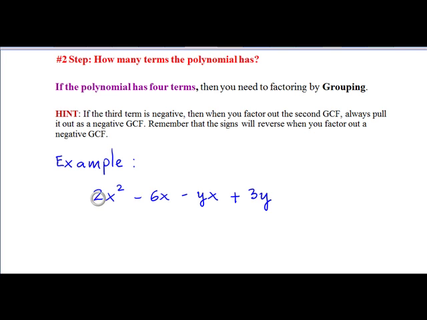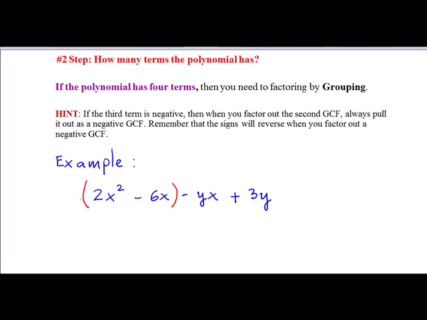Look, you have 2 here, 6 here, and 1, the invisible one here, and you have 3 there. So among all 4 terms, you have no common GCF. And one more thing, you have x here, x there, and x there, but no x here. So x is not common among all the 4 terms, and neither is y. So you cannot factor out a GCF. And because there are 4 terms, you do the grouping. So you group the first 2 terms together, and you group the last 2 terms together.